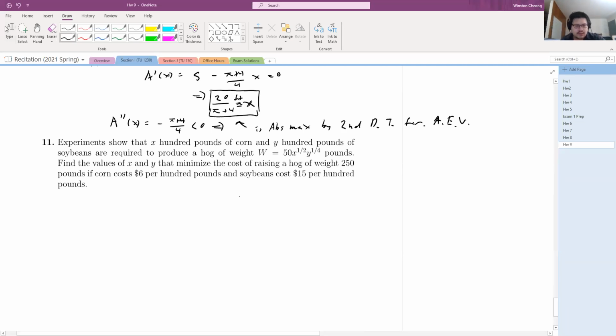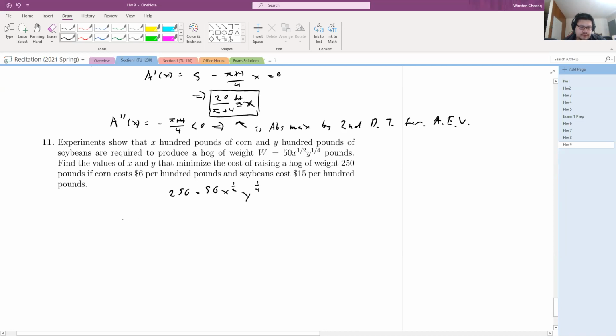All right, so what this is saying is 250 is equal to 50 x to the 1/2 and y to the 1/4. And it says something about cost.